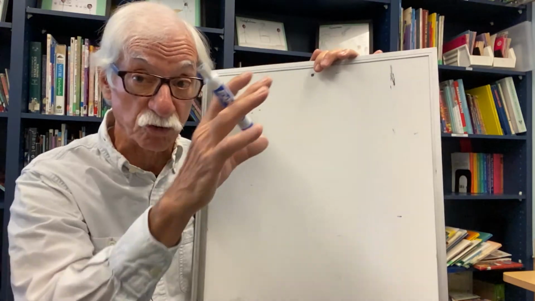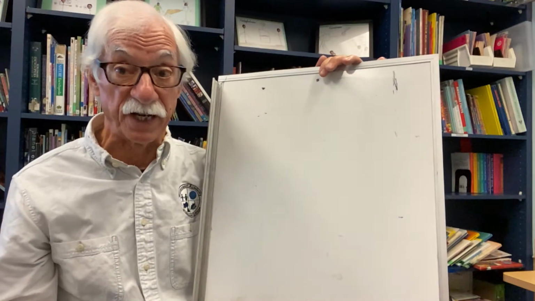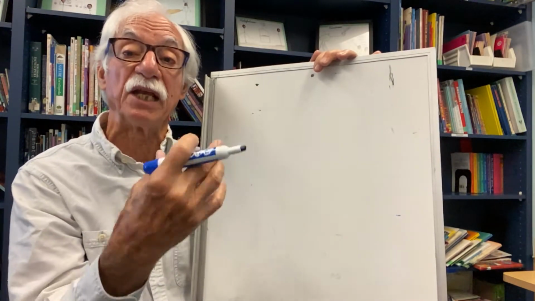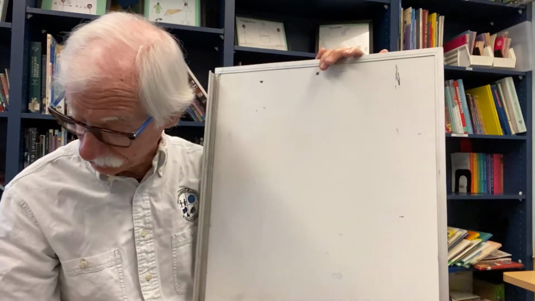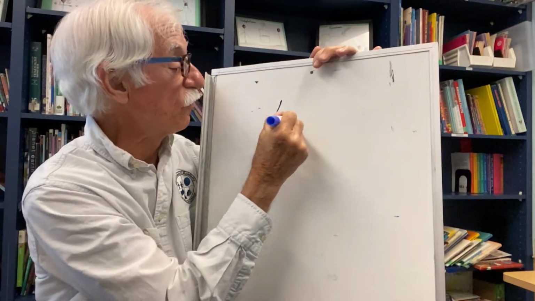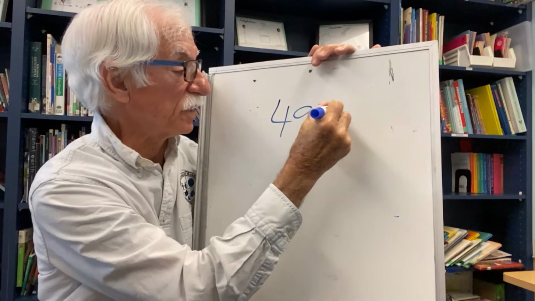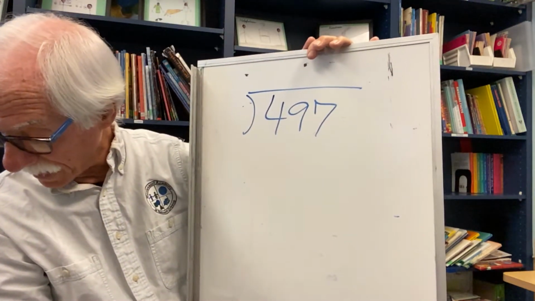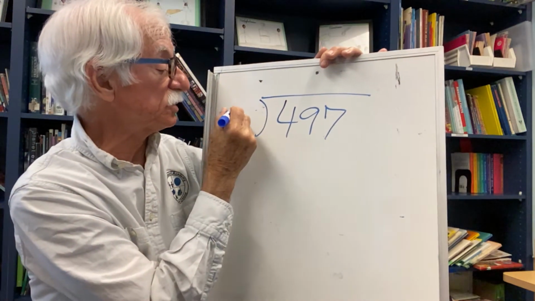Well, you have to take the total, which is the dividend, and divide it and find out how many groups you have in the dividend. So let's do that. 497 kids. And we're going to divide them into 7 teams.